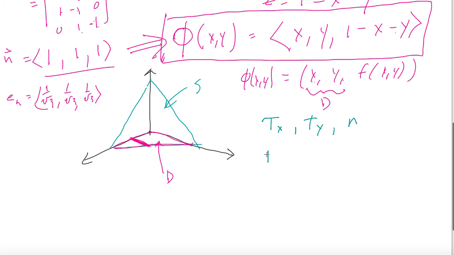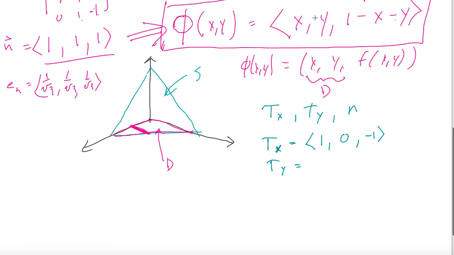Okay. So our tangent in the x direction is 1, 0, negative 1. T sub y is, so the partial derivative with respect to y, of course, 0, 1, negative 1.